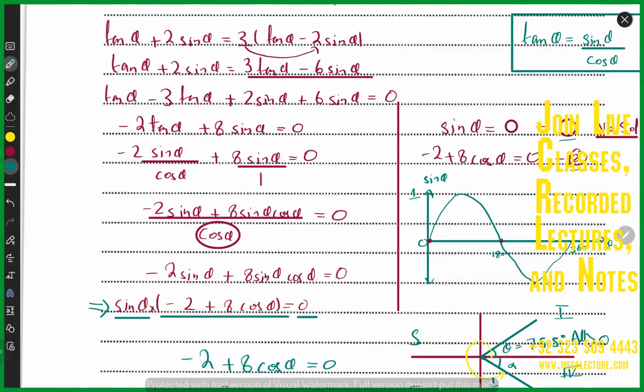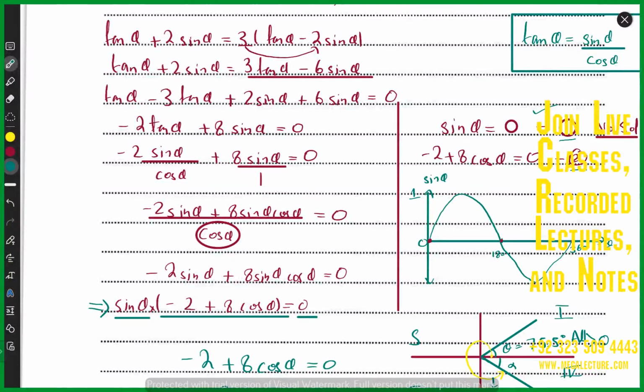I got two equations. If you look at the first one, sine theta is equal to 0, do not think about the quadrants, because if you look at the quadrants, you would only get information about when exactly it's positive or negative. For 0, always refer to graphs. So far, we did not talk about the graphs. I will certainly talk about graphs in the future. But I just made this graph of sine theta for your help, okay?